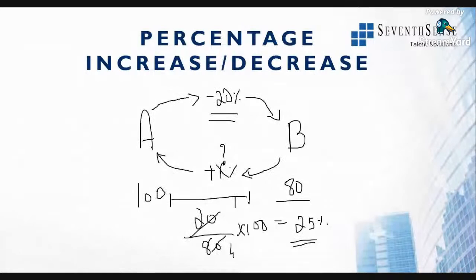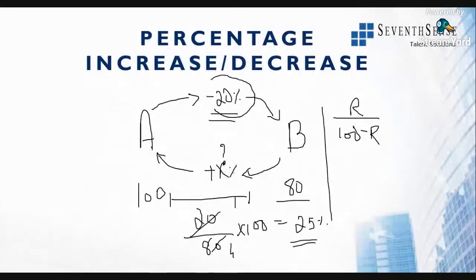Now the same thing if you apply using the formula R by 100 minus R. Because initially they have asked lesser value, it is decreasing. When the lesser is given in denominator, it will become 100 minus R. So R is 20, 100 minus R is 80, into 100.